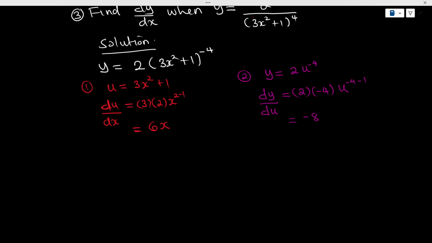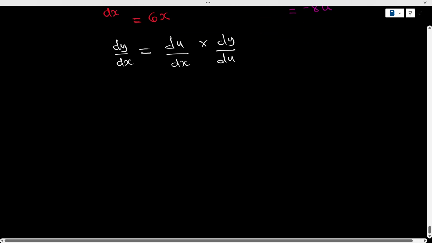So this should be negative 8u raised to negative 5. Then by the chain rule, we have to multiply the two. The chain rule: dy over dx is du over dx times dy over du. This is how we find the product.